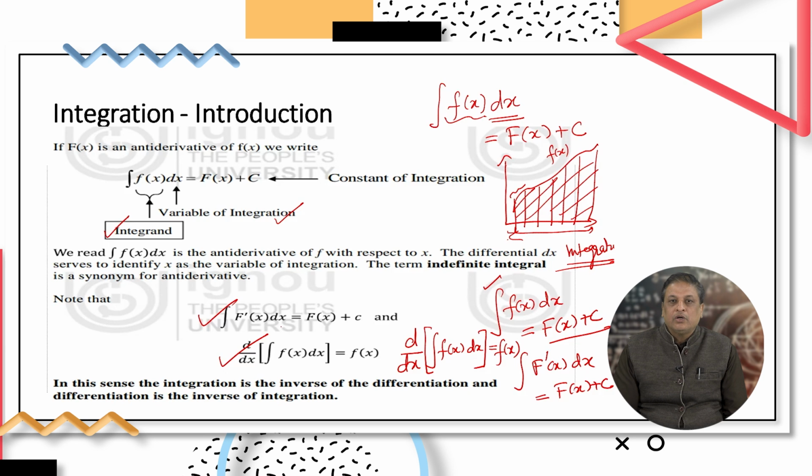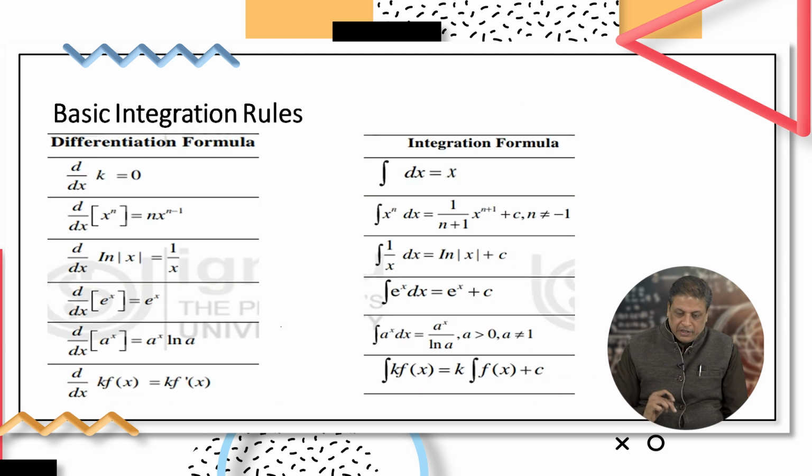So we understood this concept of integration. Now we are extending our discussion by comparing the differentiation formulas with the integration formulas, so that you can understand how integration and differentiation are related to each other.